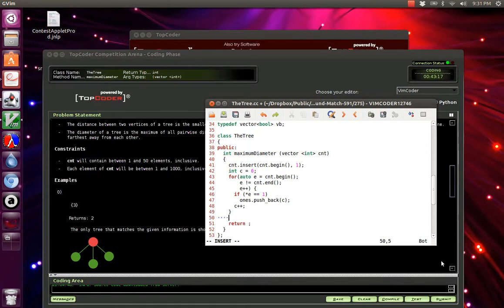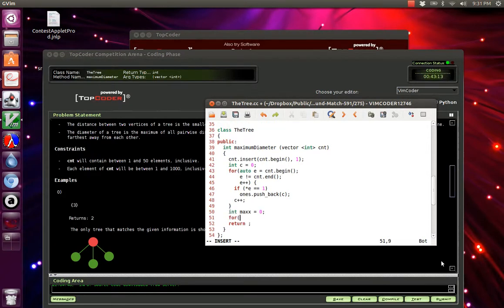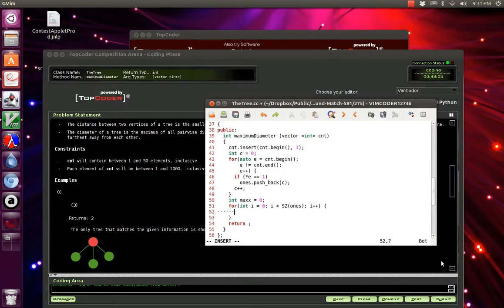I think it's a graph, maybe a tree, I don't know. Let me double check. It is a tree, but the way I looked at it, I believe, is that if a node had more than two edges, it was irrelevant to the problem.